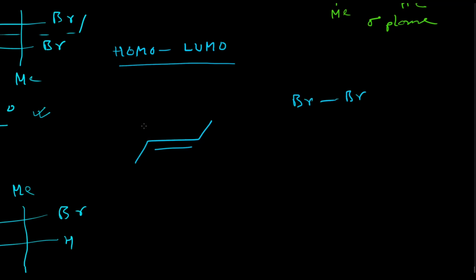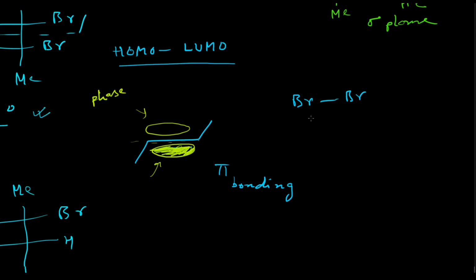The HOMO for this double bond will be the pi bonding orbital. What will be the picture of this pi bonding orbital? It will look like this. This is one phase of the wave function and this is another phase. These phases are different, so that's why there exists a nodal plane.